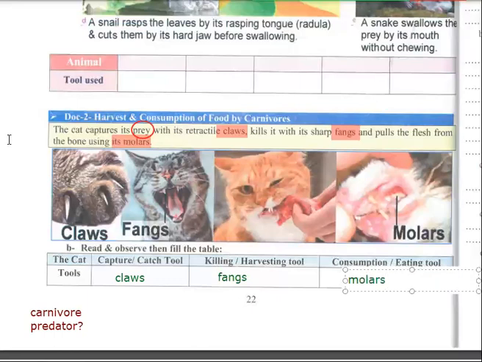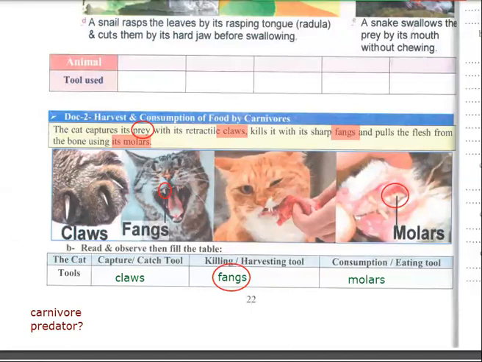So you can see how two different kinds of teeth are used by the same animal for different reasons. The fangs are used by the cat to kill the prey, while the molars are used by the cat to consume it, to eat it, to remove meat out of the prey.